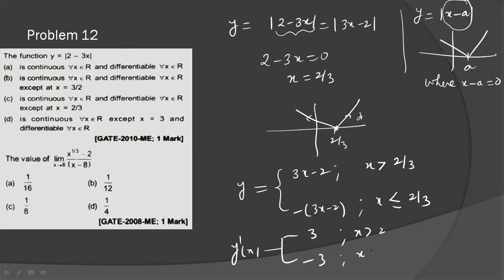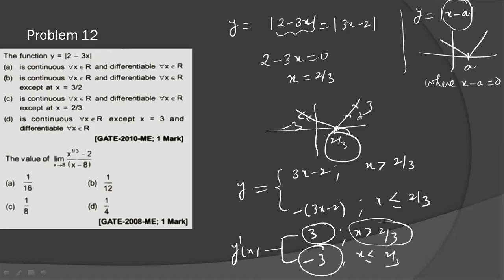So the slope here will be 3, and here the slope will be minus 3. At this point the function is not differentiable because the right hand derivative is 3 and the left hand derivative is minus 3. So this function is not differentiable at 2 by 3, but it is continuous everywhere. So C option is correct. It is continuous for every x belonging to real numbers and differentiable for every x belonging to real numbers except 2 by 3.